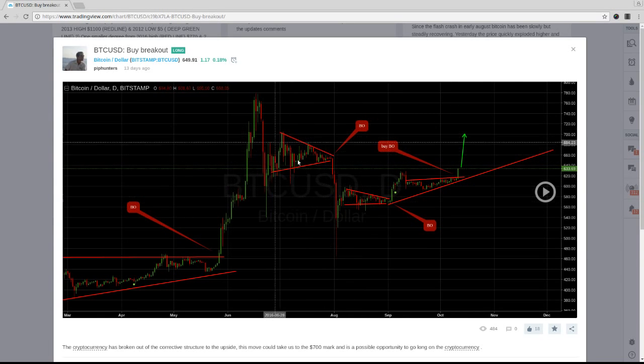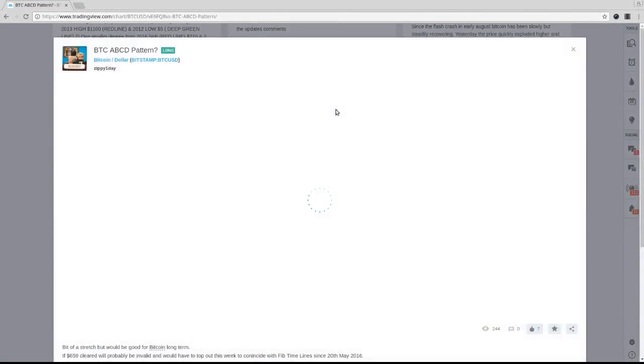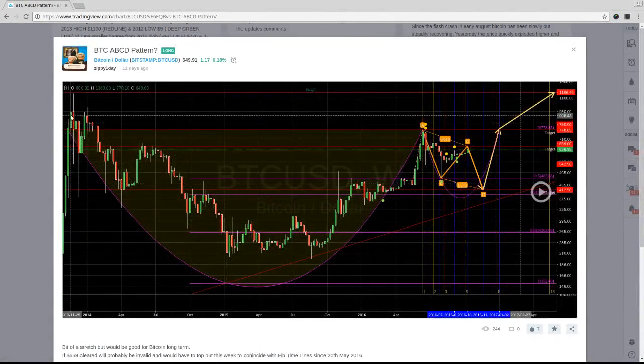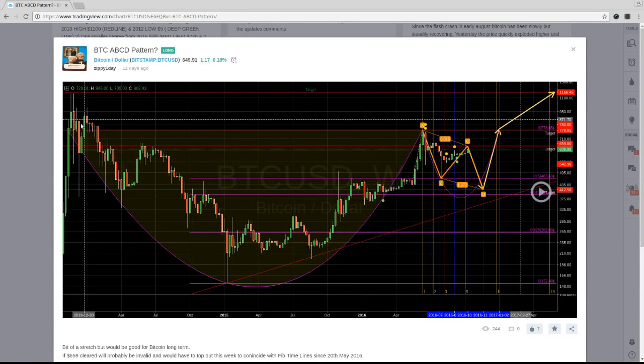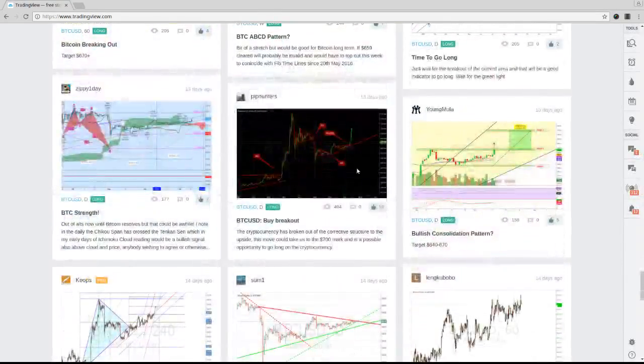This might be a good chart to start on. Whereas, this chart here, well, we're using Elliott waves. We're using fib retracements with this sort of bucket pattern. And that's a little overwhelming for a new trader. So I'd say, if you're looking at ideas, find something you're comfortable with.